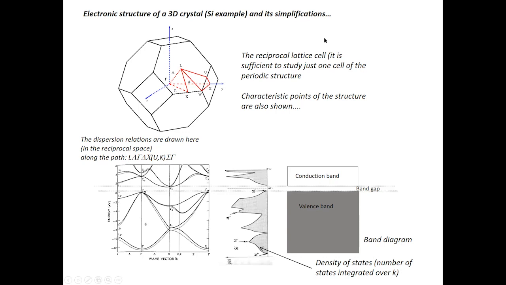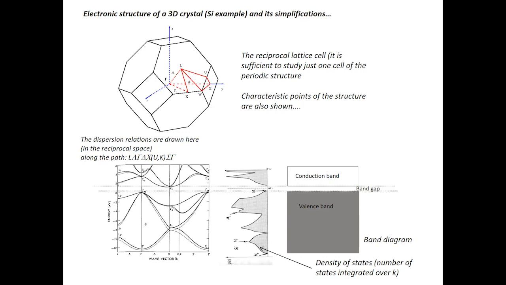This is, let's say, FCC, face-centered cubic, for example. Silicon has such a structure. It's not difficult to check that the reciprocal lattice is body-centered cubic for an FCC lattice.